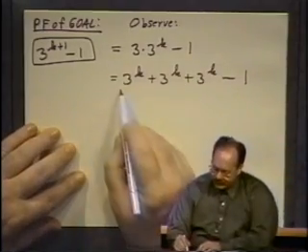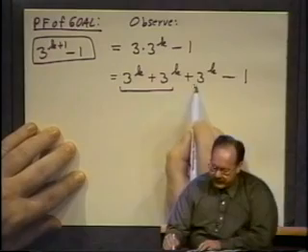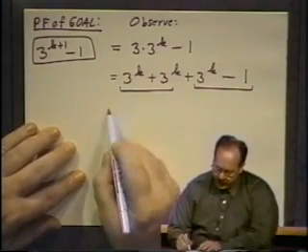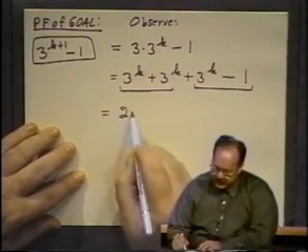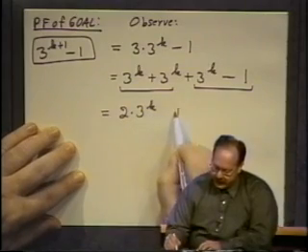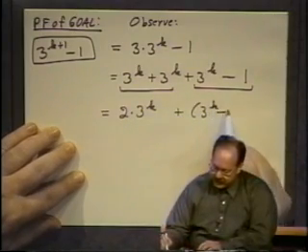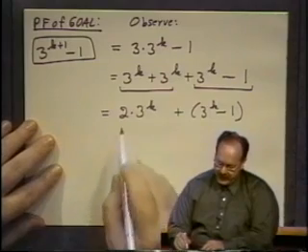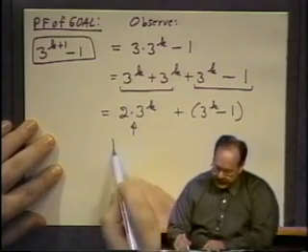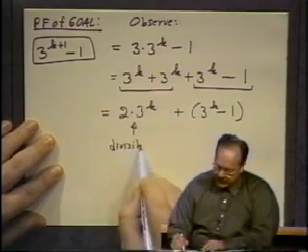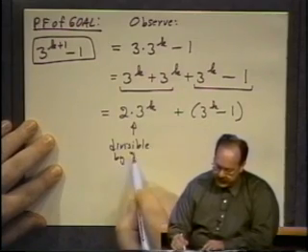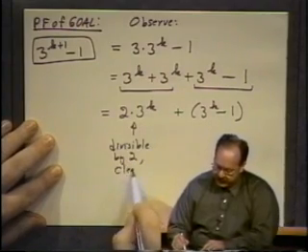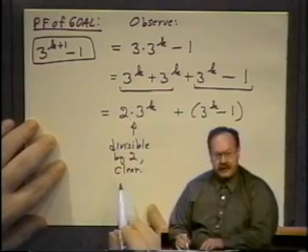But now observe that by collecting terms like this, we have the following. This is 2 times 3 to the k plus the expression 3 to the k minus 1. This first part is obviously divisible by 2, because it has a factor of 2 in it.